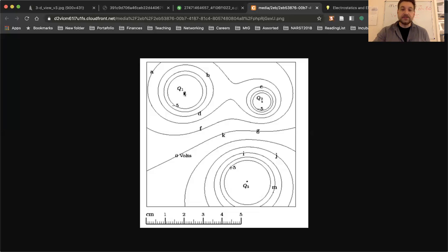It looks to me like Q1 and Q2 are negative. Those are downhills. They're like sinkholes, kind of like drains in the bathtub. And Q3 is like the spot where the faucet is dripping in.